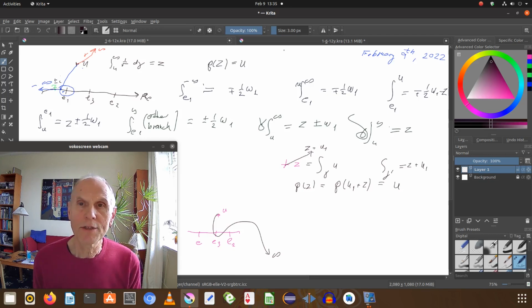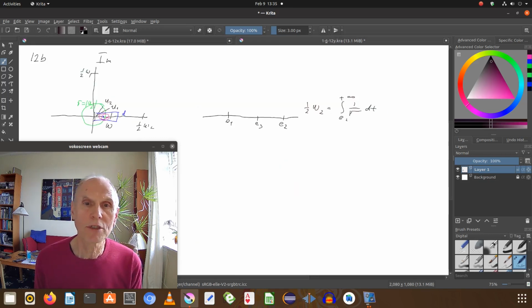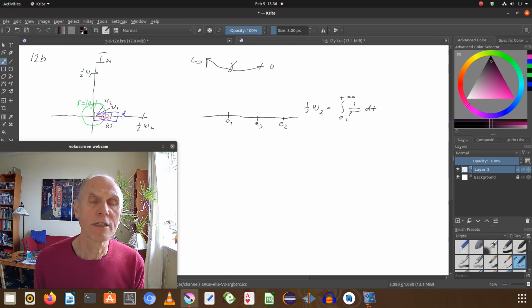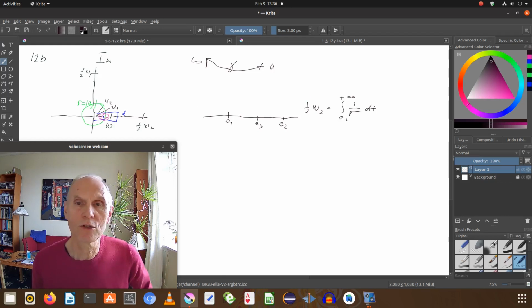So the point is that I want to show that all the possible paths from U towards infinity will give Z plus an integral number times omega 1 and an integral number of omega 2.